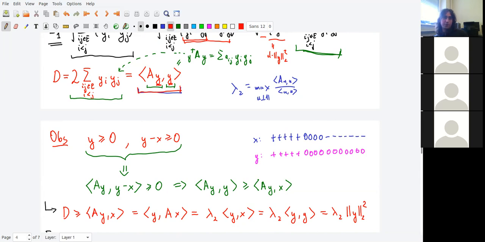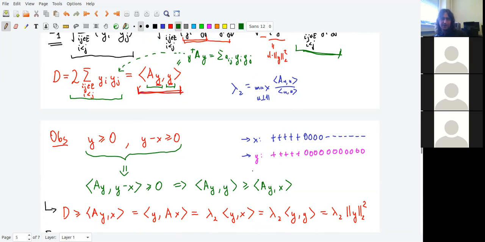So how can we use the spectral property if y is not a vector orthogonal to all ones? Well, recall what x looked like. It had first some positive values, then some negative values, and some zeros in between, and y was the positive part. So first of all, y is a non-negative vector. It has only non-negative values.